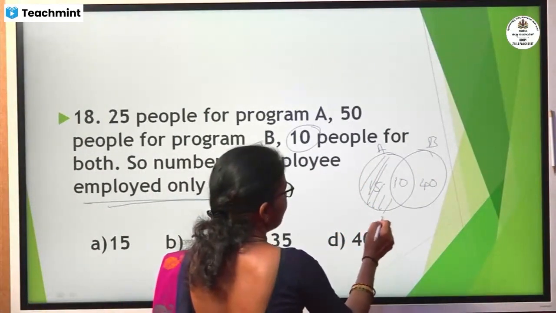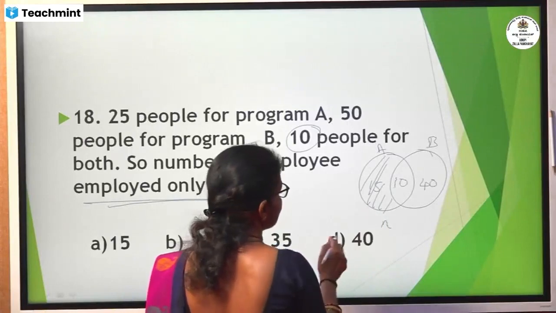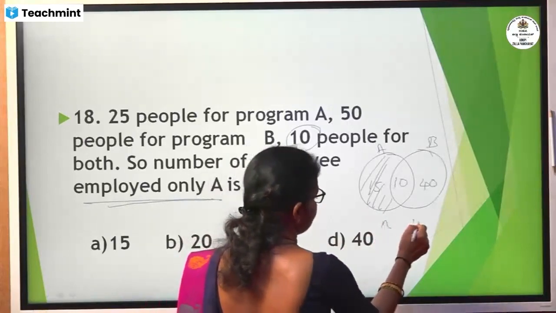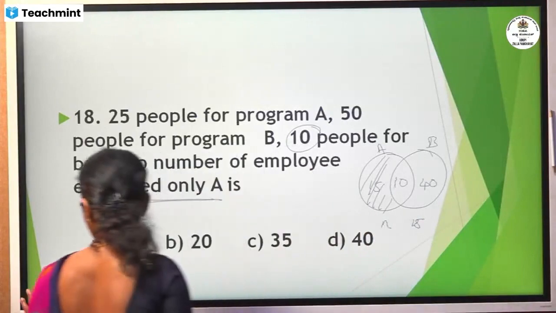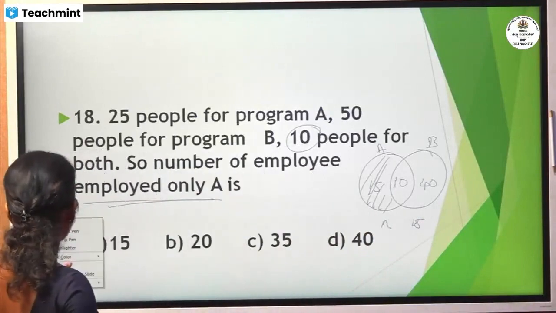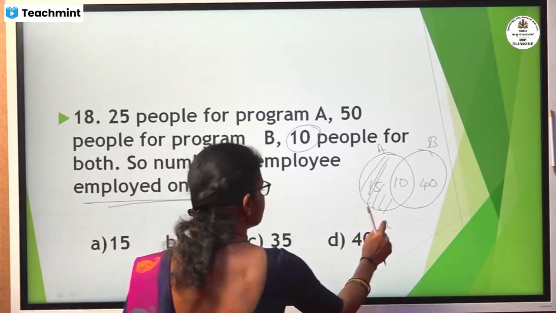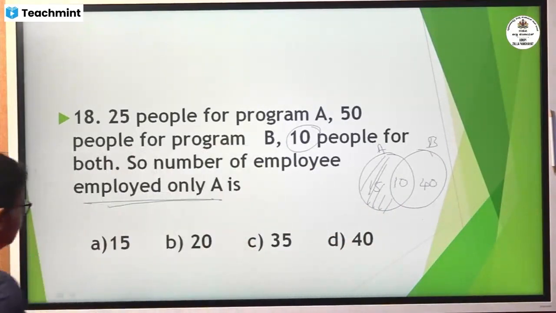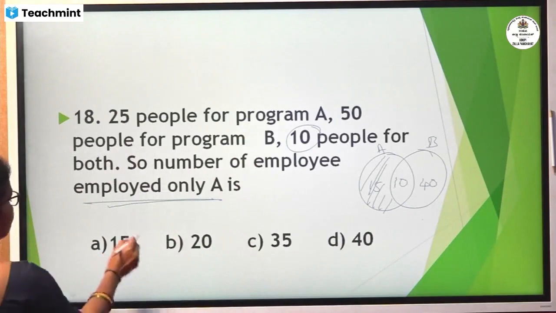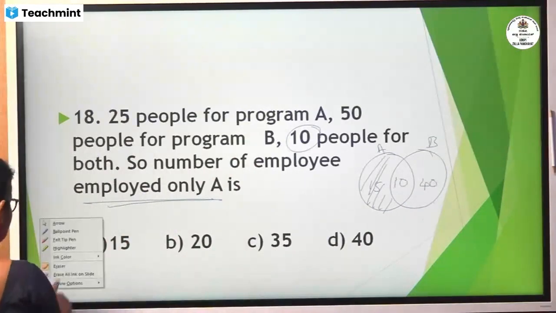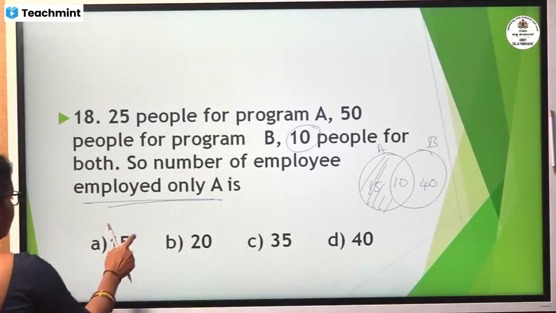So n of only A is 15. If we check with the options, 15 is the first option.